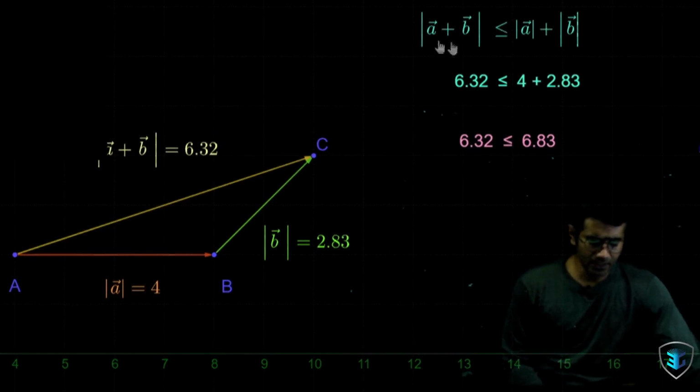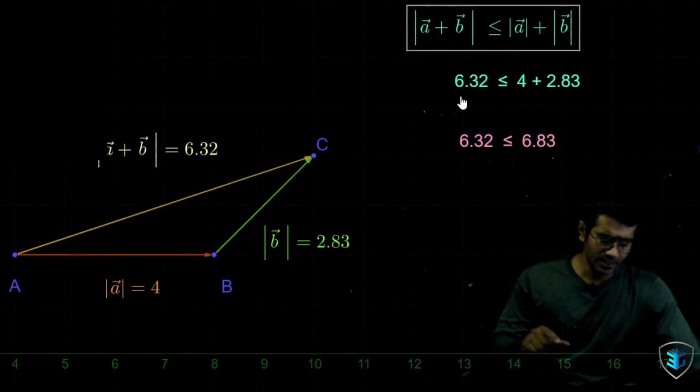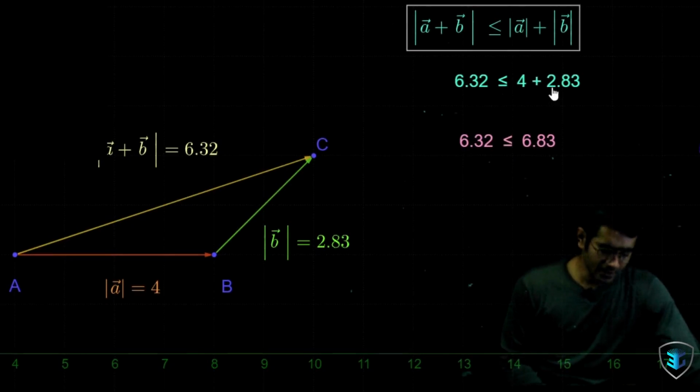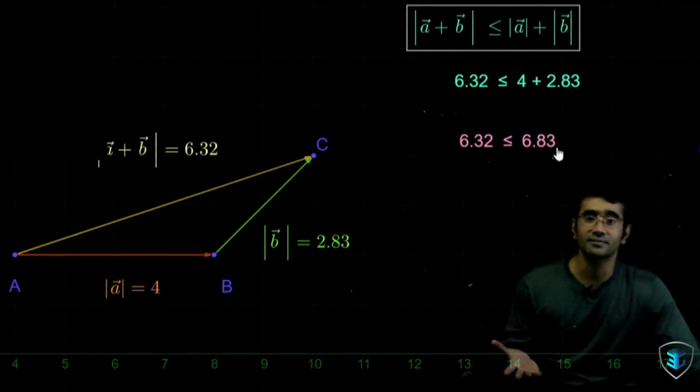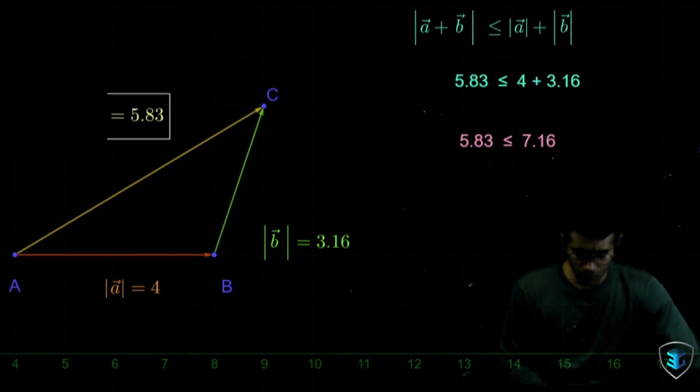Now if I see that the modulus of vector A plus B should always be less than or equal to the modulus of A plus the modulus of B, I can see that in this case, yes. Here this is 6.32. It makes sense, right? I can see that this is 4 and this is 2.83, and 6.32 is less than 6.83 always. Now what if I move the point C here? Look at that. I'm moving the point C here.